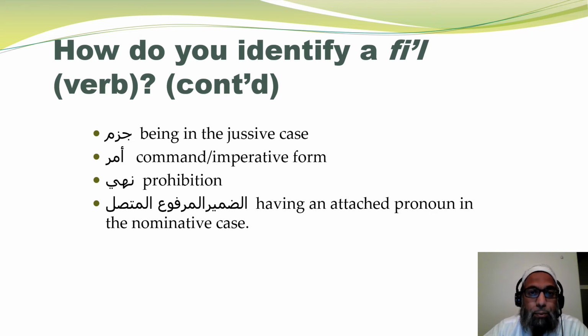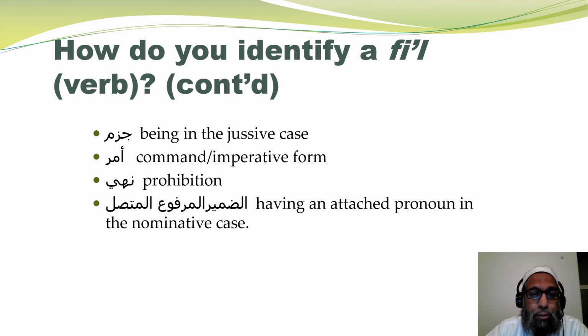And ad-damir al-marfu' al-muttasil. Don't worry about it. Don't worry about that. Damir literally means a pronoun. Marfu' means in the rafa' case. Muttasil means attached. So this type of pronoun is normally attached to a verb.